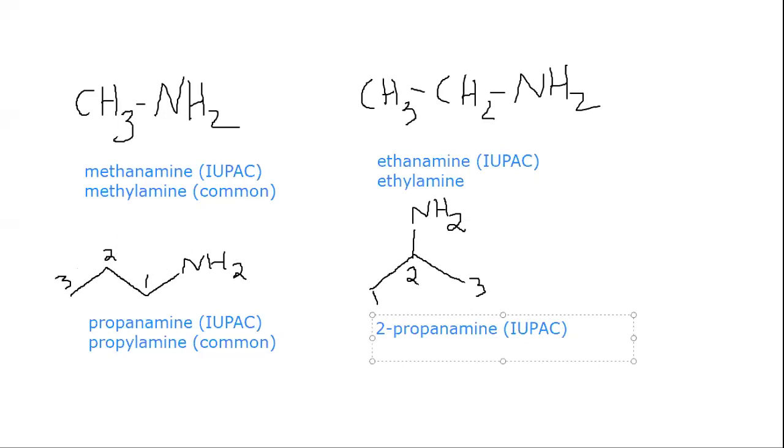And common name is going to be how it looks. The attachment of the longest chain is happening in the middle carbon. So this group is called isopropyl. I don't know how many of you remember. So if the NH2 is not on number 1, you have to give the location for NH2.